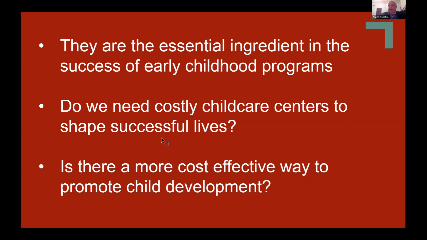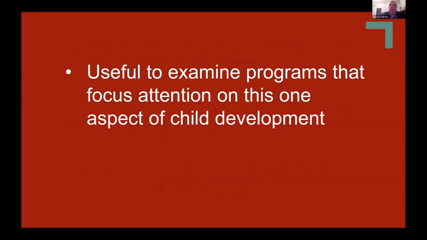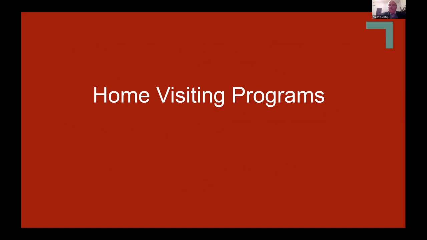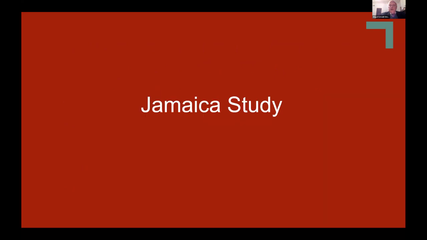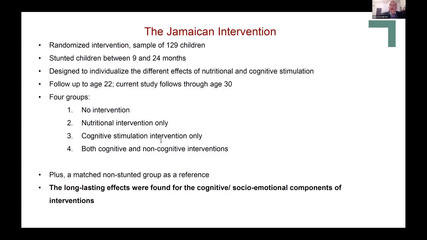Now the rate of return is high, but the initial layout is high. And that can be very discouraging for groups of people that are limited in budgets and so forth. So one thing that we've done is we've examined programs that focus attention on one aspect of child development, and that's home visiting programs. So let me tell you briefly about a program that I'm working with now.